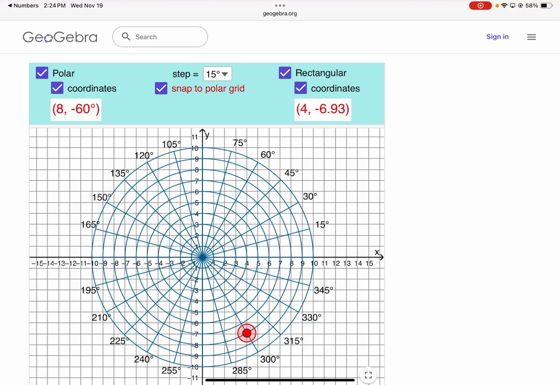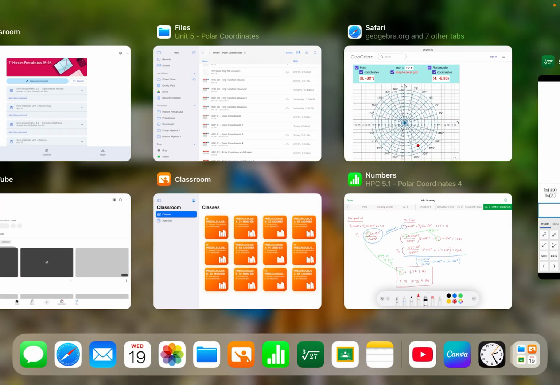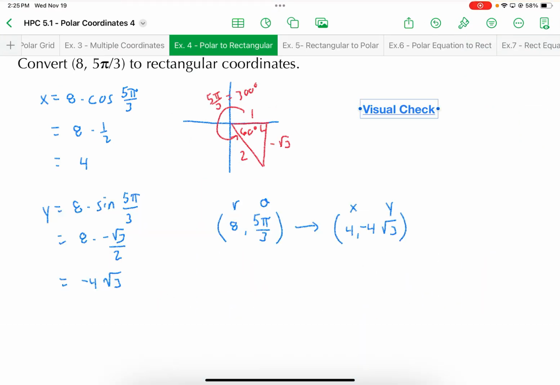Now they're representing it as 8, negative 60 degrees. Isn't negative 60 degrees coterminal to 300 degrees? Okay. And then look at the rectangular set of coordinates that are given. 4, comma, negative 6.93. Negative 6.93 is just the approximation for negative 4 radical 3.